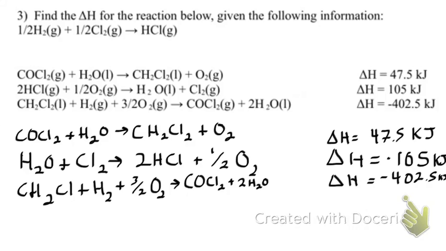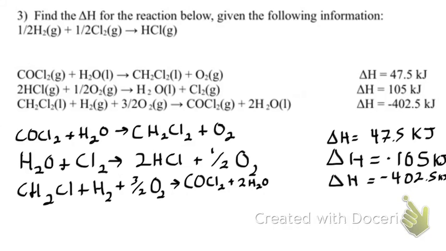Because we want 1/2 of Cl2, 1/2 of H2, and just one HCl, because we have a full Cl2 here, and two HCl's here, and a full H2 here, we're going to have to multiply the bottom two equations by 1/2.